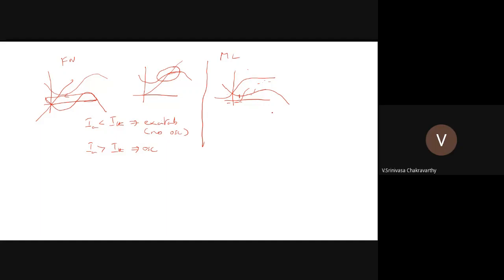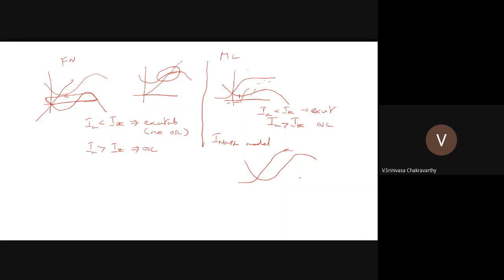You have similar behaviors even in the INaP,K model. Here also you had some kind of null line and then a sigmoid. So again you can say that if I_a is less than some threshold, excitable, and I_a greater than some threshold, oscillations.